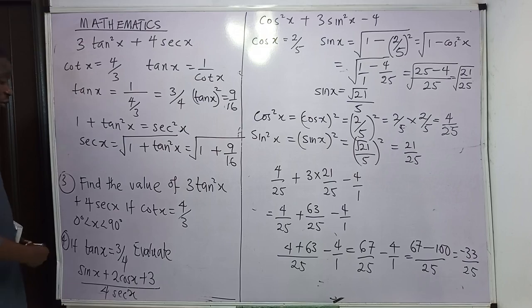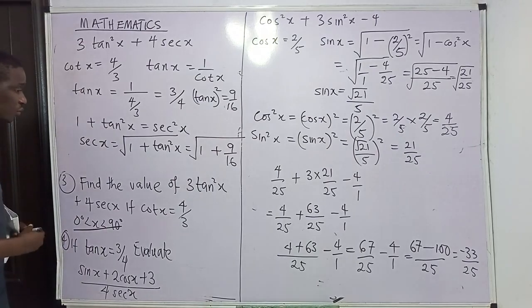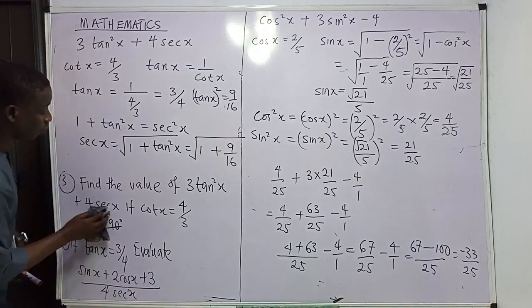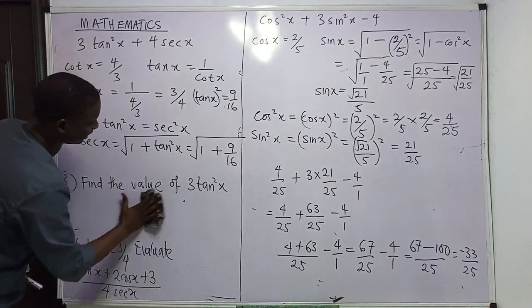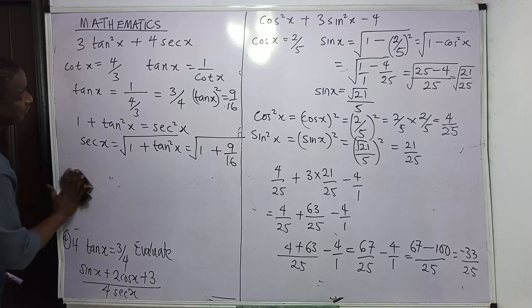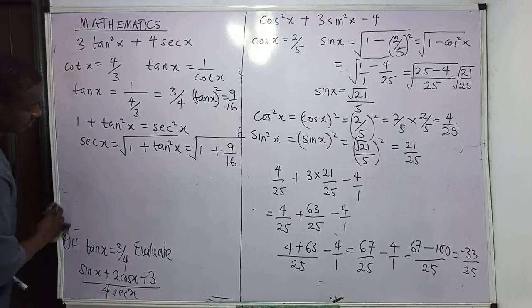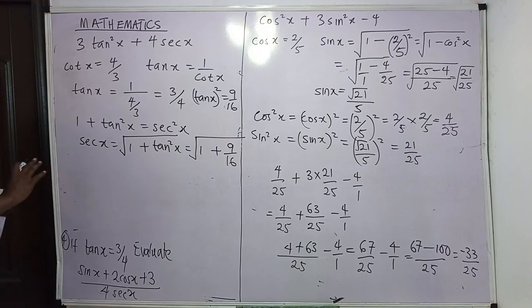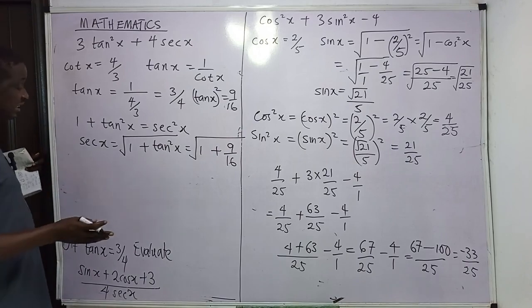Then what do we have now? Don't forget they told us it is an acute angle. So that is in the first quadrant, where you have acute angle, where everything is positive.